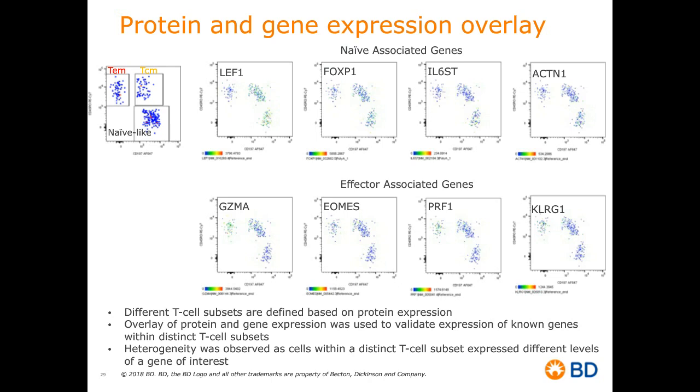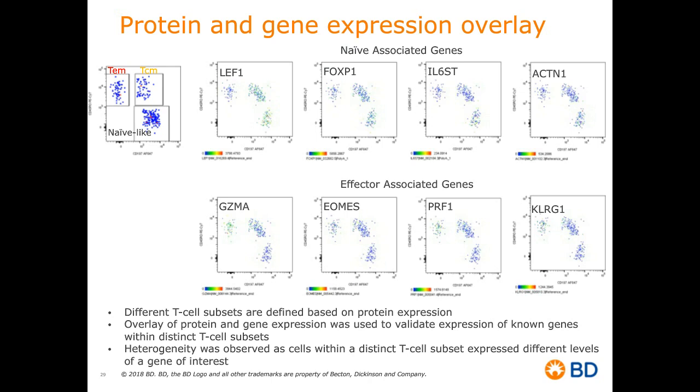For example, if we look at left one, which is a naive associated gene, you can see green and red cells, so positive cells, in the naive-like cells and the central memory, but not in the effector. And notably, if you look at effector-associated genes, for example, granzyme A, you can see that the cells that express these genes overlay with cells expressing a protein signature corresponding to effector memory indeed, but not on naive cells.